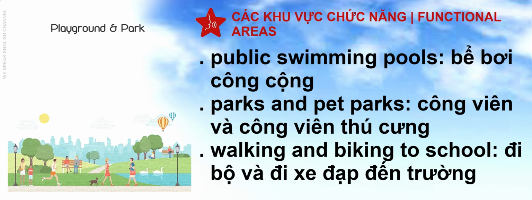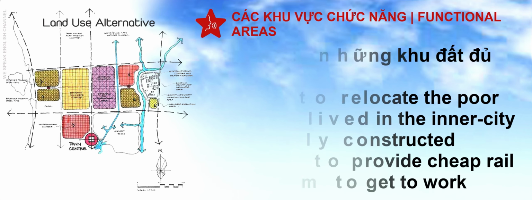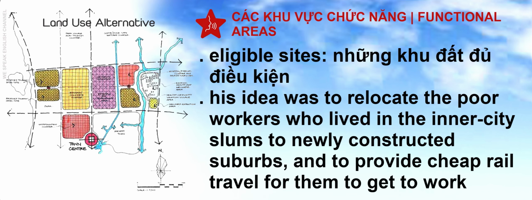Walking and biking to school. Eligible sites. His idea was to relocate the poor workers who lived in the inner city slums to newly constructed suburbs, and to provide cheap rail travel for them to get to work.